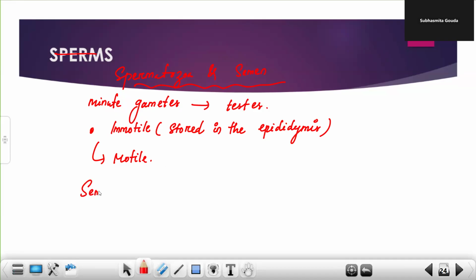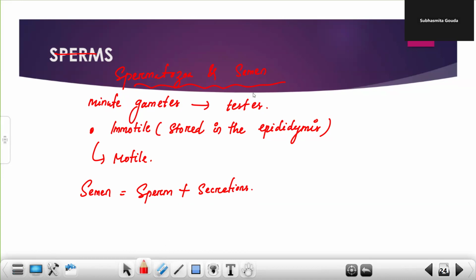Normally we can say that semen means sperms added with the secretion of the various glands. Sperm with the secretion is totally called semen.